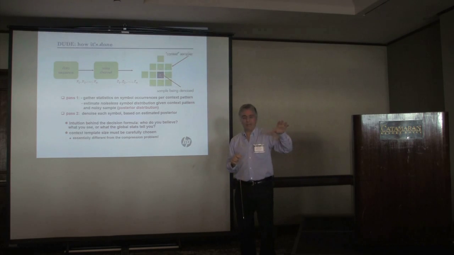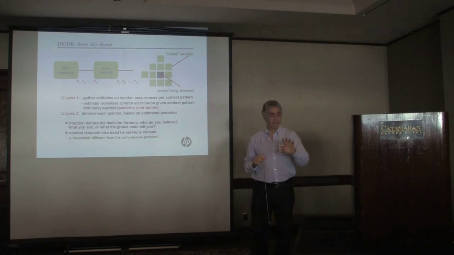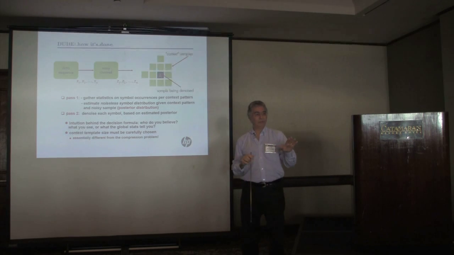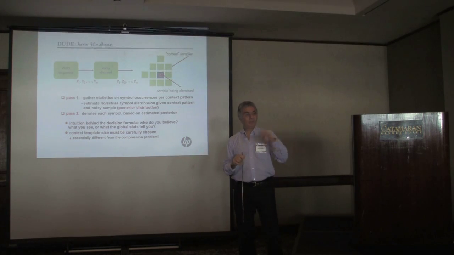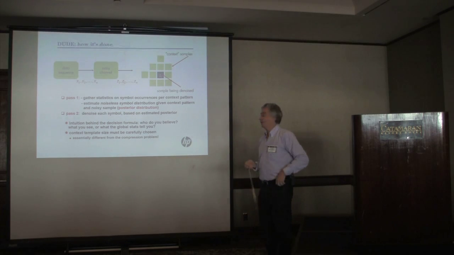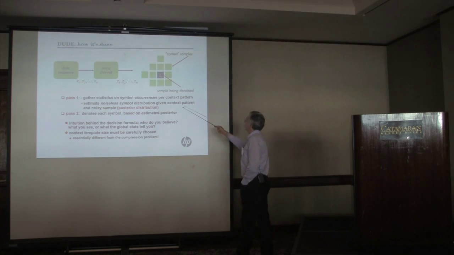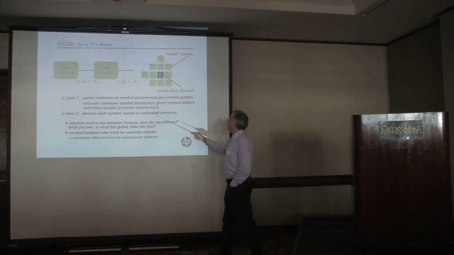You tell me which one, and I'll fix the context. I'm not saying anything yet as to how to optimize this context. We look at the context samples and gather statistics on symbol occurrences per context pattern, and from there we estimate the noiseless.